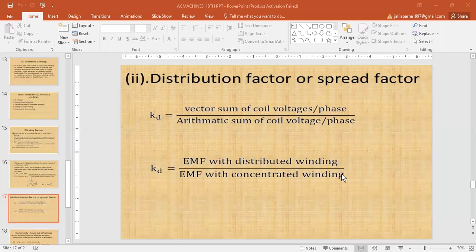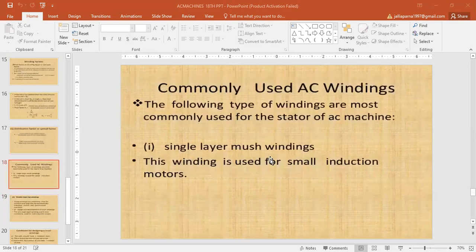Kd equals EMF induced in distributed winding divided by EMF induced in concentrated winding, equal to the vector sum of the induced EMF divided by the arithmetic sum of induced EMF, coil voltage per phase. Kd is always less than unity, Kd less than 1.